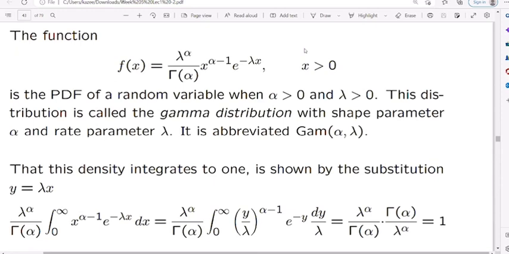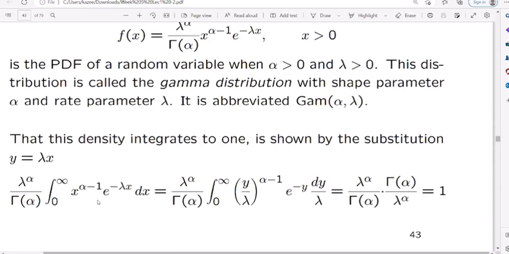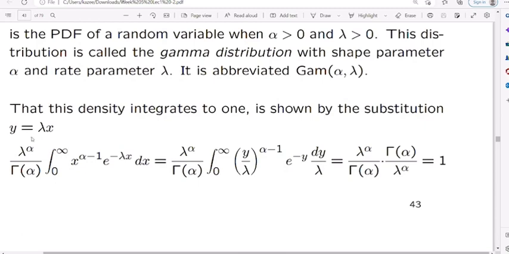If you want to do that, we can assume that y equals lambda x, because you can see the exponential carrying lambda and x. So when I do y equals lambda x using the substitution method, what is your x? Your x is going to be equal to y over lambda.